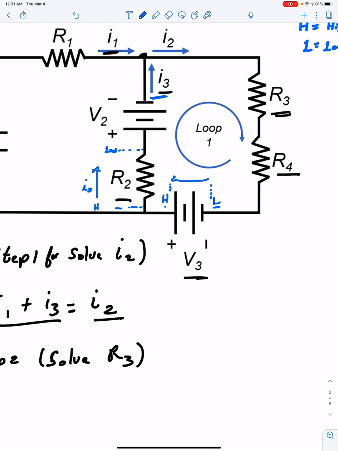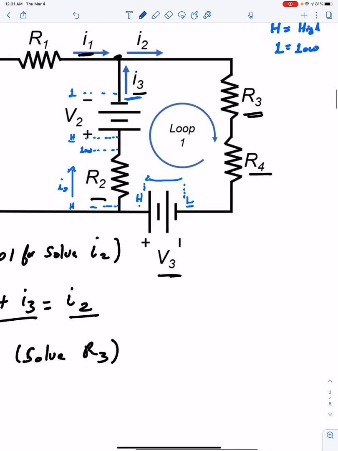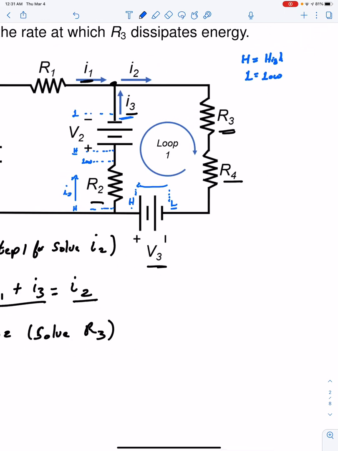But we're passing through a battery now, and it is telling me with the plus signs that this has a high electric potential here and a low electric potential here. Passing again, current in I2 is going this way, and for a resistor, current always goes from high to low.